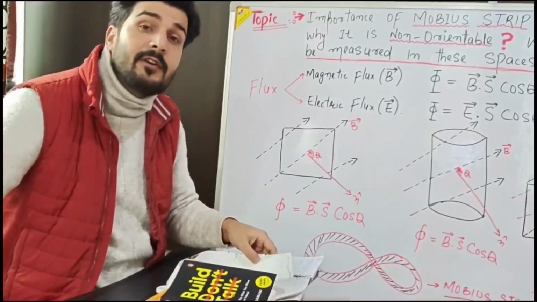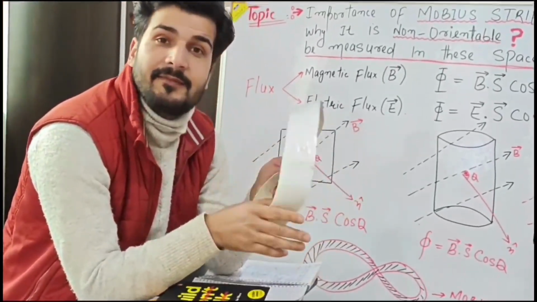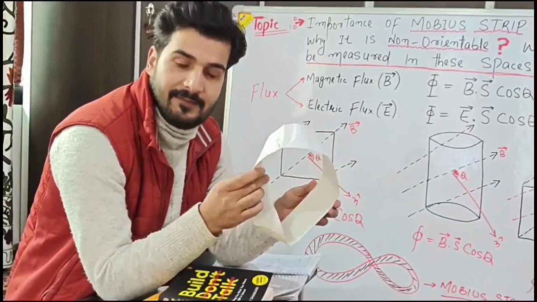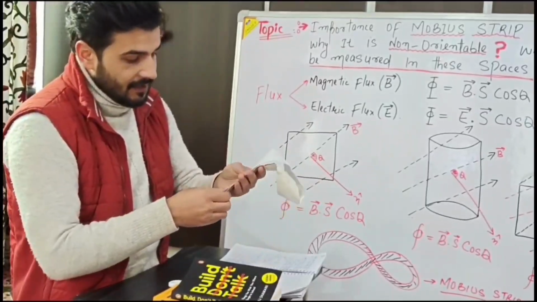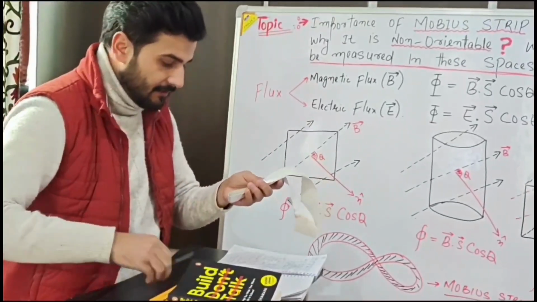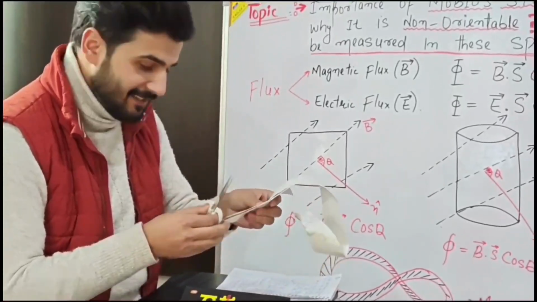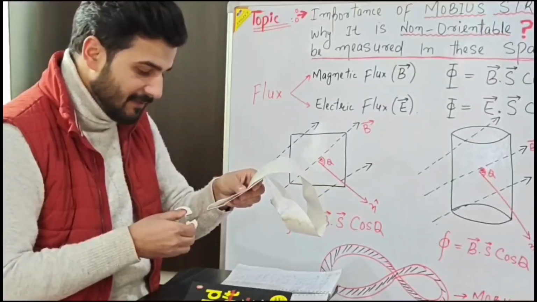But what is the beauty of this Möbius strip in mathematics? We will see it. See what I will do, I will do one thing. I will cut this Möbius strip from the middle, right?